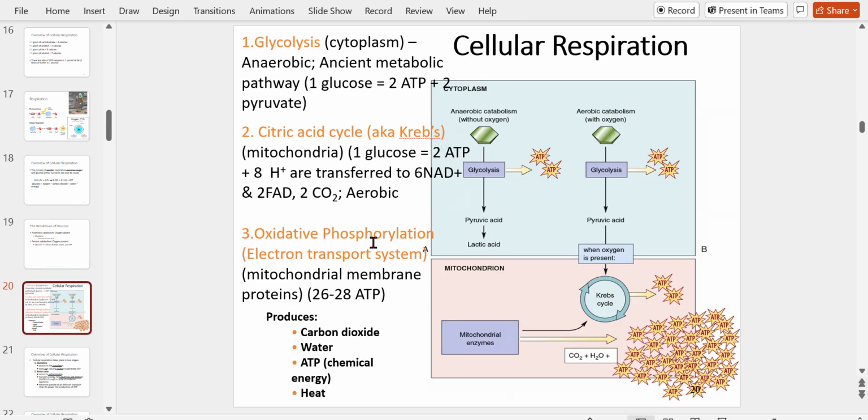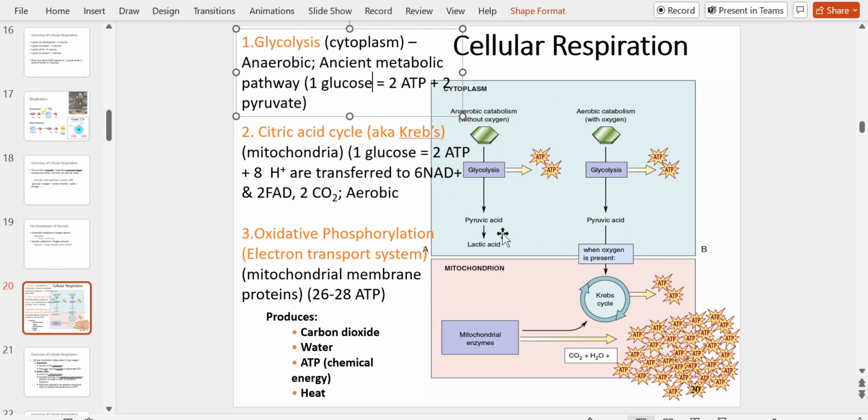All right, so cellular respiration in a nutshell. You'll notice that I'm in the cytoplasm, and then I go into the mitochondria. Let's just break it down here. Glycolysis occurs in the cytoplasm. It is anaerobic. There's no oxygen.